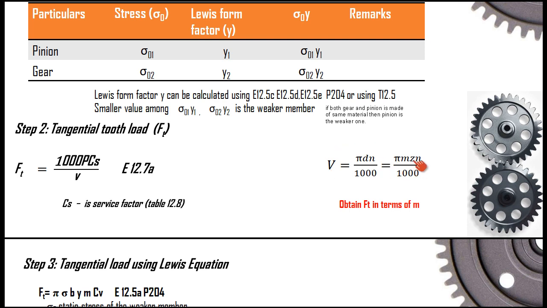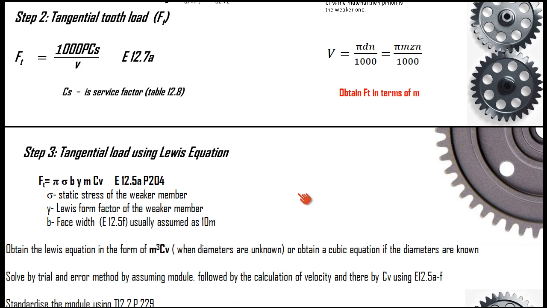You have the value of Z, you have the value of N. If the weaker member is pinion, it has to be pi M Z1 N1 by 1000. If gear is weaker, pi M Z2 N2 by 1000. So what we are going to get is Ft in terms of M. M will come in the denominator, some value divided by M. That is how you are going to get the value of Ft if diameter is not given. So you have to get the value of Ft in terms of M. That is a type 1 question.